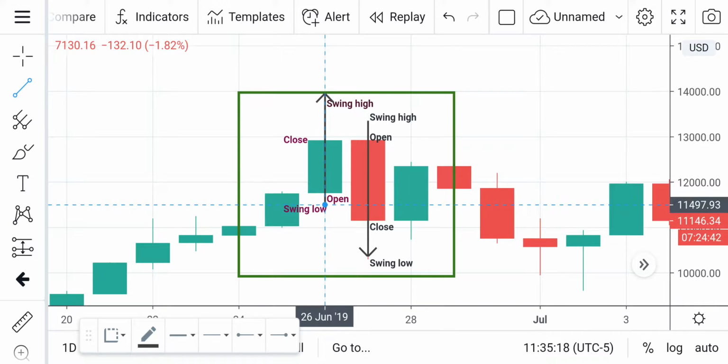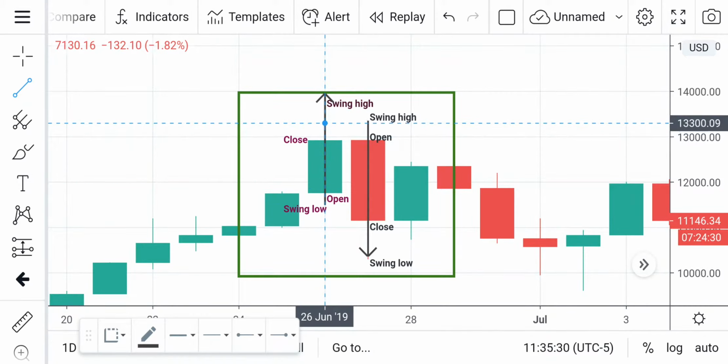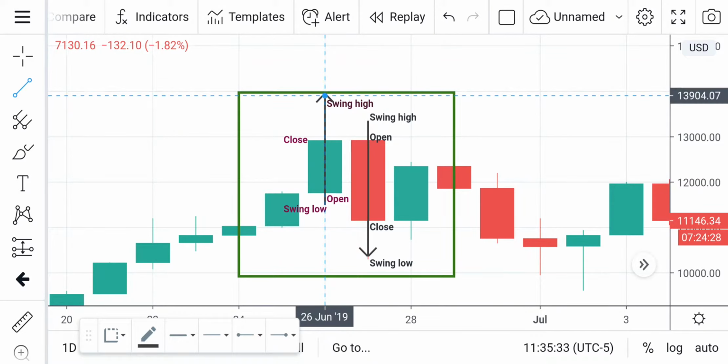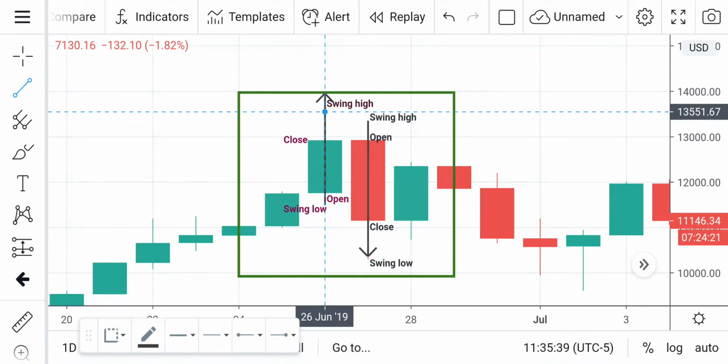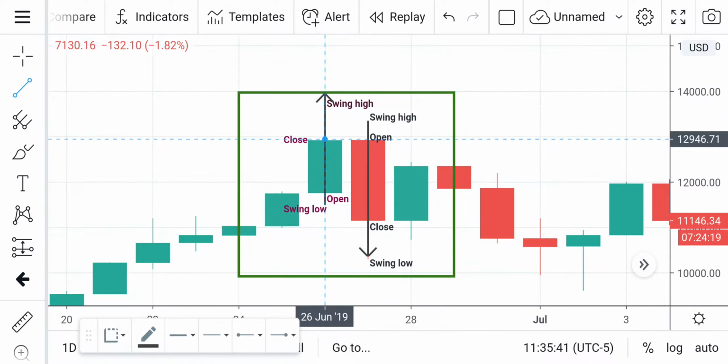You can see it. Then buyers come in and push the price all the way up to this point. At this point, buyers started getting exhausted and sellers were able to push the price to this point. So at this point, that's when you have your closing price.